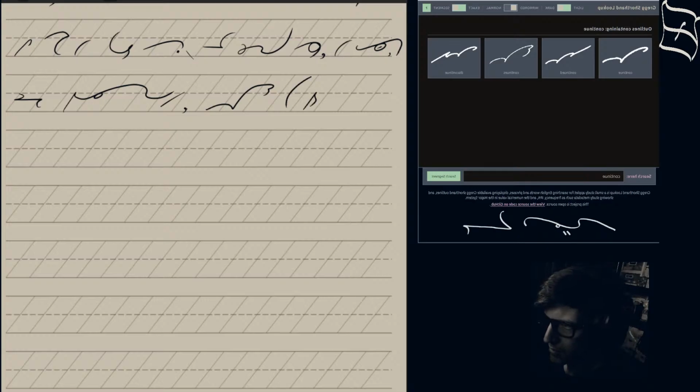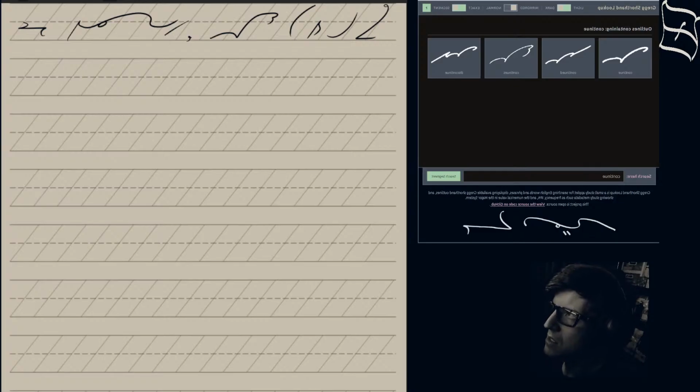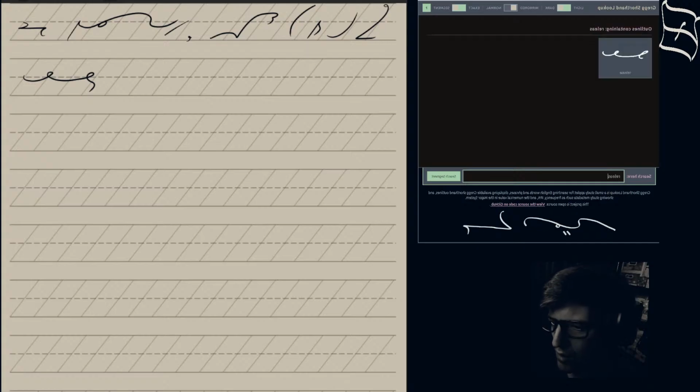By itself and even releases. So releases is going to be R. I don't think it's going to need the E, but we'll do it anyway. And then releases, and then it curves back down. Perfect.